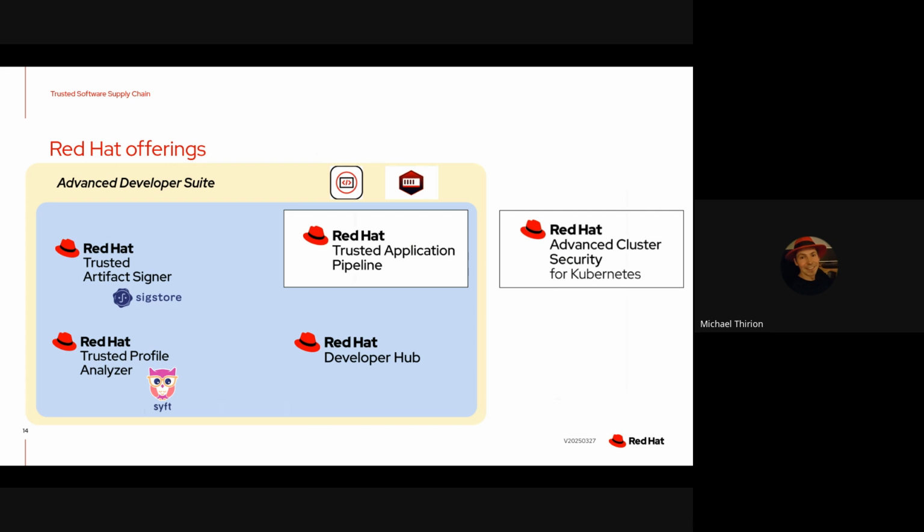Basically, that's what it is. The Trusted Application Pipeline is basically Artifact Signer, Profile Analyzer, and Developer Hub. And we will see why Developer Hub, even though it doesn't appear to be a tool related to security, has a big play in that area as well.